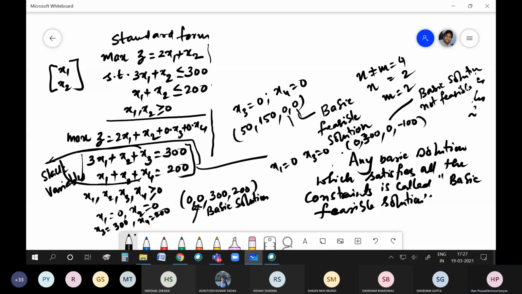The variables in the basic solution which are non-zero are called the basic variables, and the zeros are called the non-basic variables.